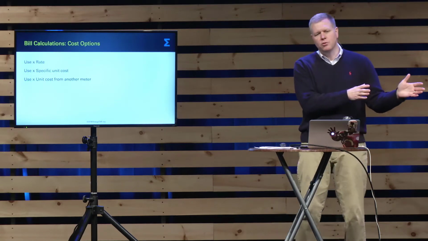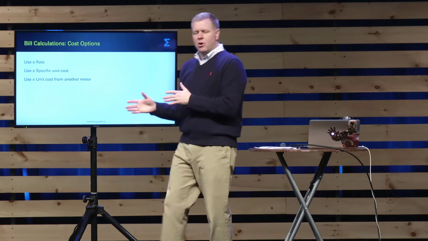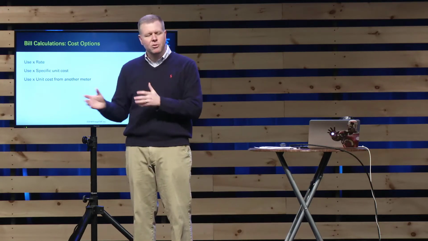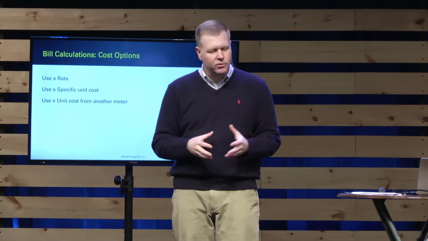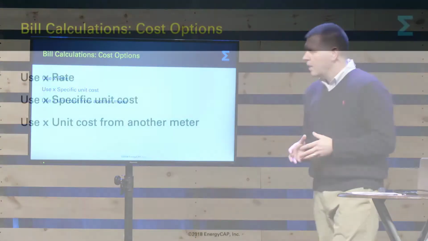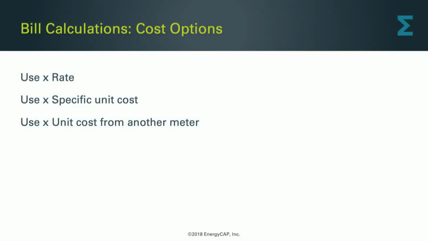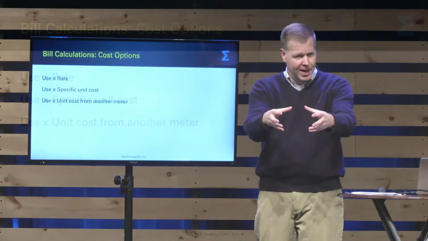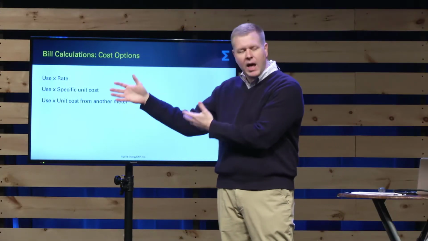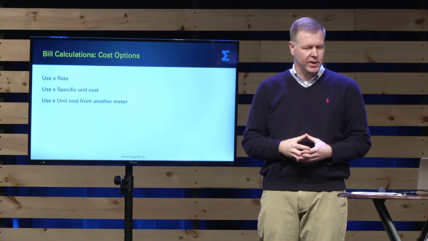So that's use. What about cost? Okay, so we've also added some new ways to calculate cost within your system as well. So you can use the use that you just calculated, whether it's from a submeter or it's a fixed amount, and you can apply some type of a rate to it.